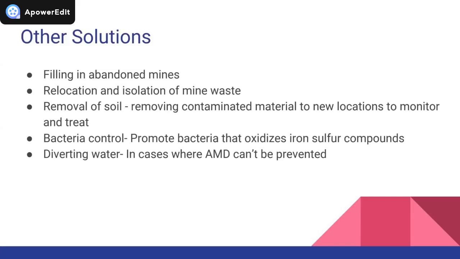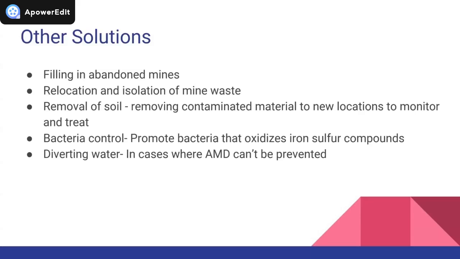Next, we have bacteria control, and there's two things you can do with this. The first is promoting bacteria that helps to oxidize iron sulfur compounds, which means you're helping to support the bacteria in these sources that can help further prevent the spread. But in some cases, there's bacteria that can help speed up this process of AMD forming.